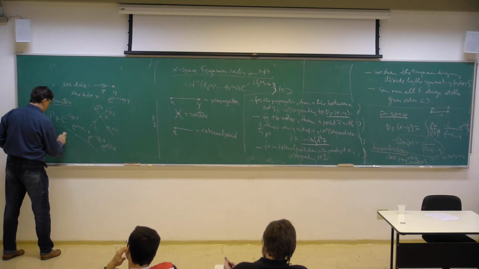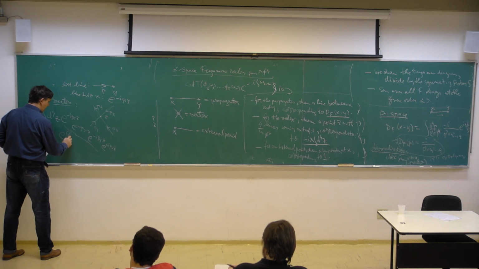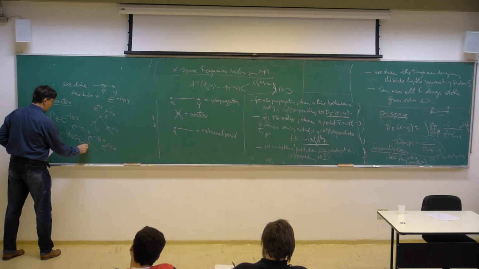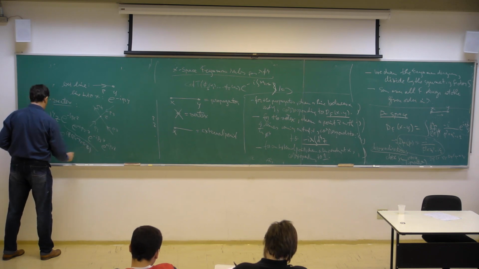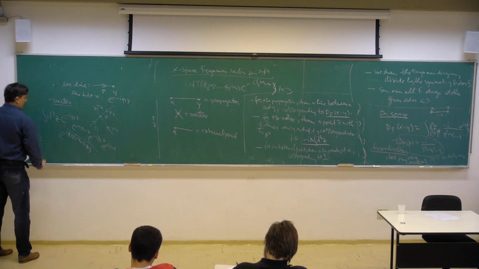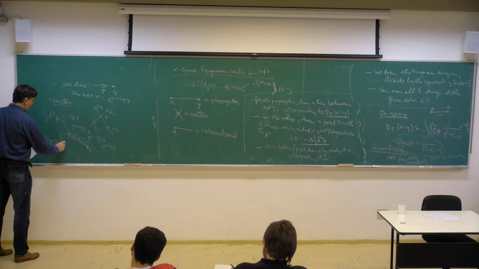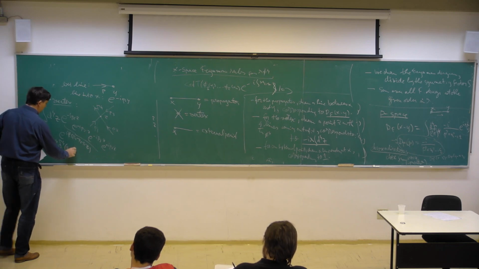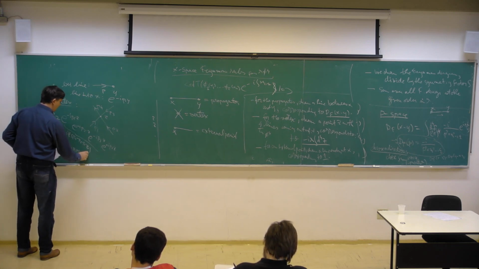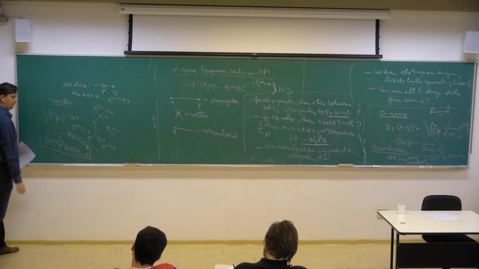So this is, of course, e to the I Z times P4 minus P1 minus P3. This is symmetric, I can put a minus sign if I want to, so I want to write this as 2 pi to the 4 delta 4 of P1 plus P2 plus P3 minus P4. Okay?